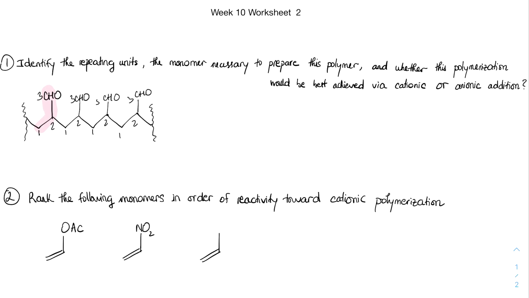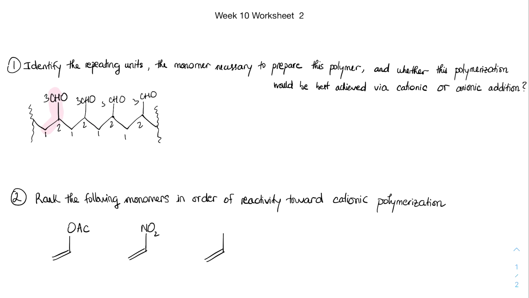So is this monomer necessary to prepare this polymer? Yes, because it is following that repeating unit. And whether this polymerization would be best achieved via cationic or anionic. So for cationic, you would need strong electron donating groups. So I'll just write that on the next questions.